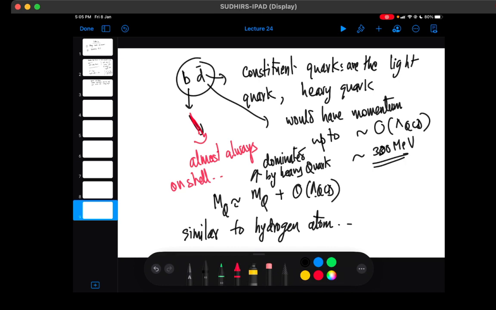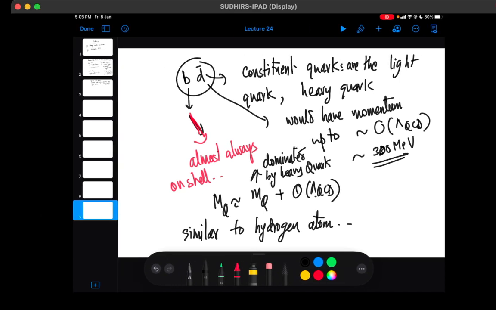But the heavy quark inside the heavy hadron is already very heavy. It's several factors larger than lambda QCD. For example, the B quark is almost 10 to 15 times lambda QCD. So whatever momentum you add of the order of lambda QCD would hardly make any difference.